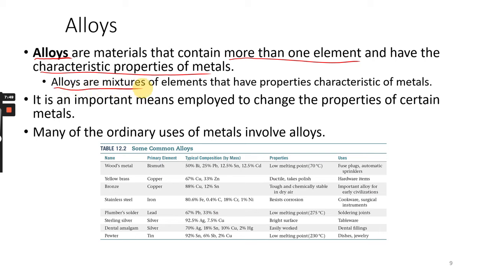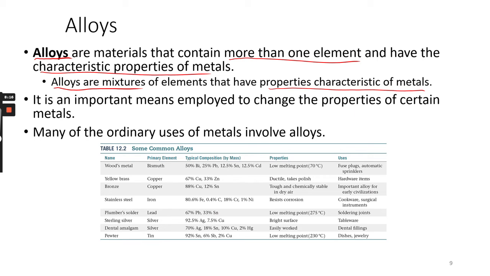So alloys are mixtures of elements that have properties that are characteristic of metals. And it's an important means employed to change the properties of certain metals. Say you have a metal and you have an application and it's not hard enough. Well, you could add another element to it to make a mixture that will be harder, okay?